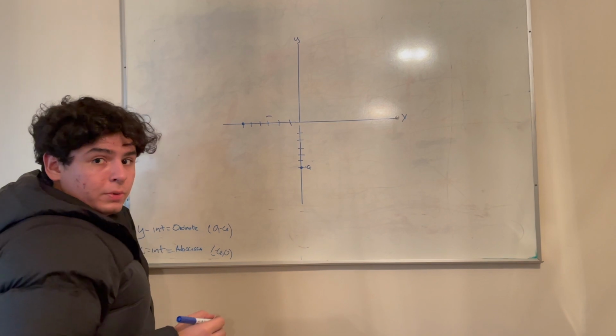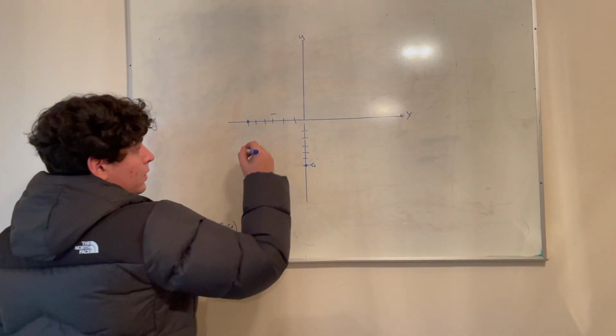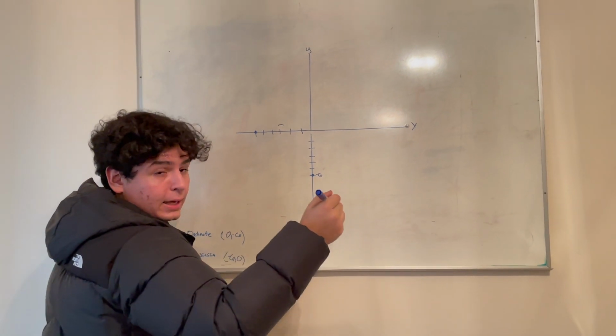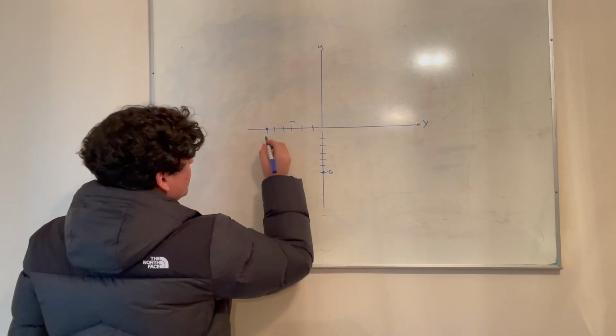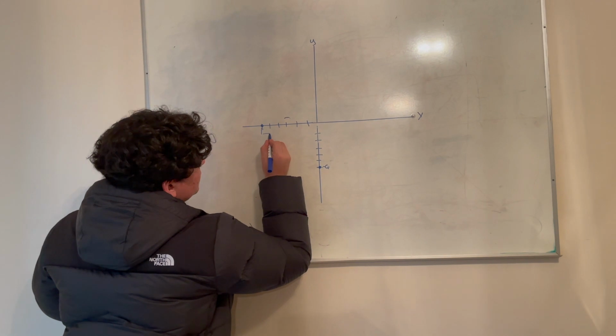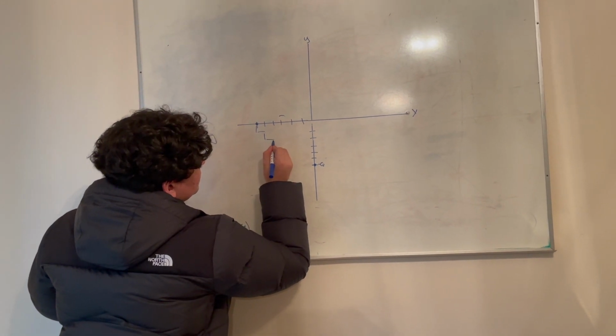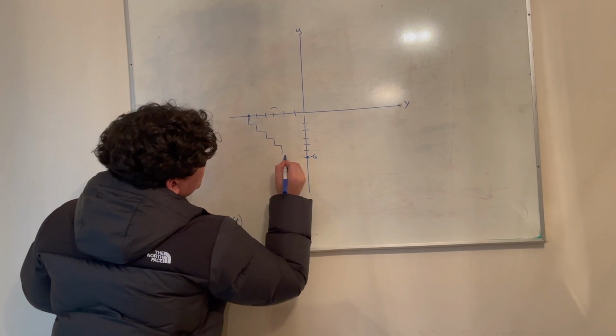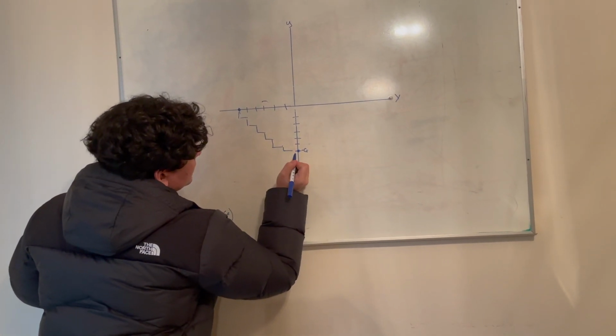So now we can do the down side technique to get to the points. And there's our dot.